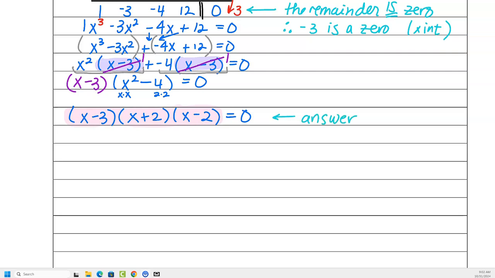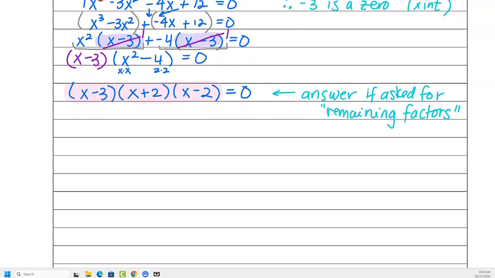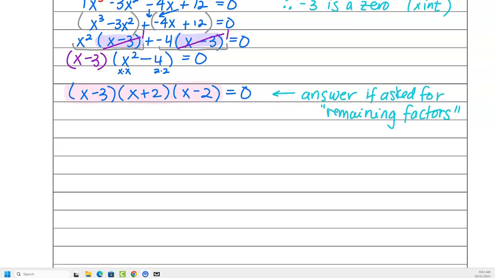That's not what they asked us for, by the way. They asked us to factor, right, and then find all zeros. So we're close to factoring, right?